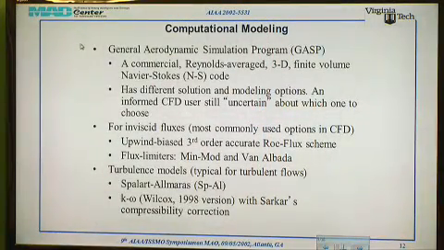So this is the bottom two bullets, the upwind bias third order accurate Roe flux scheme. I don't have the faintest idea what it means, and if you do, that's fine. If you don't, it's really irrelevant. This simply is the discretization scheme, the flux limiter minmod and van Albada.